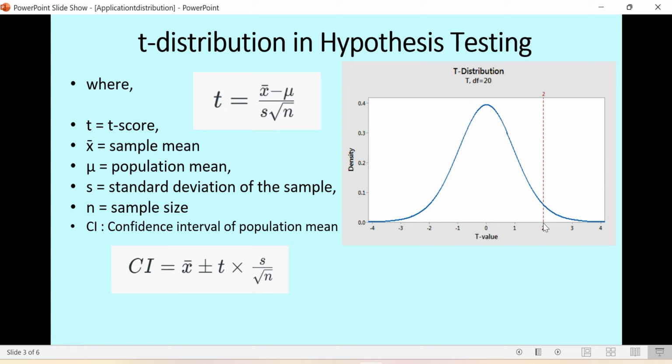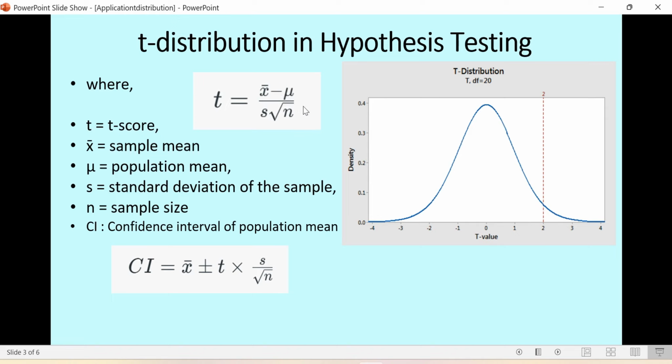A t larger than 2 will return a very small p-value, which is the probability on the right side of this critical value. So this is a small probability event which occurs. We have a confidence level which equals 1 minus the p level. For example, we have 97% confidence to say that the population mean equal to this value will be rejected.